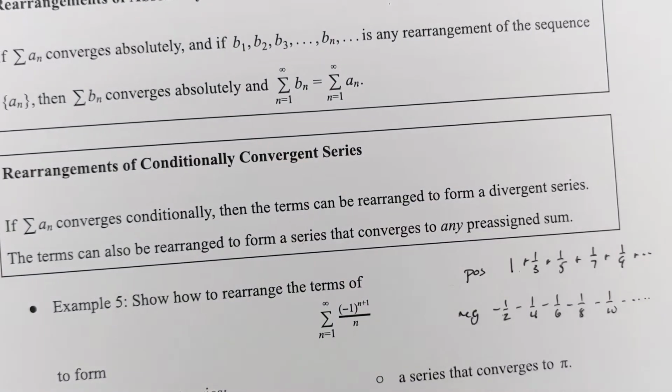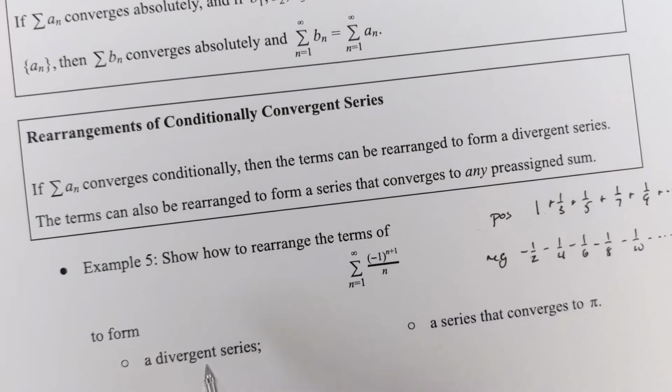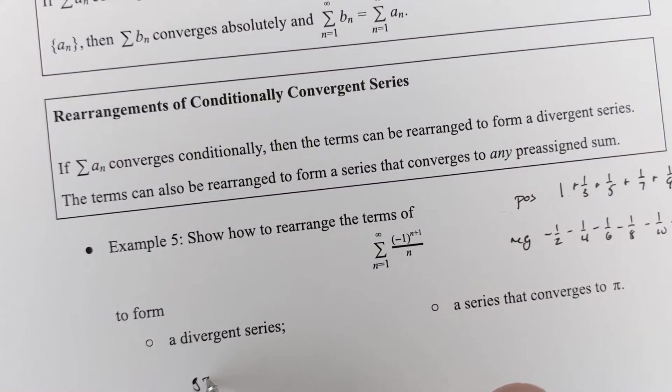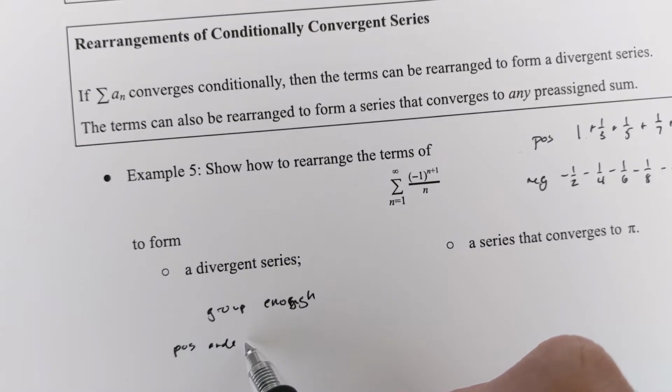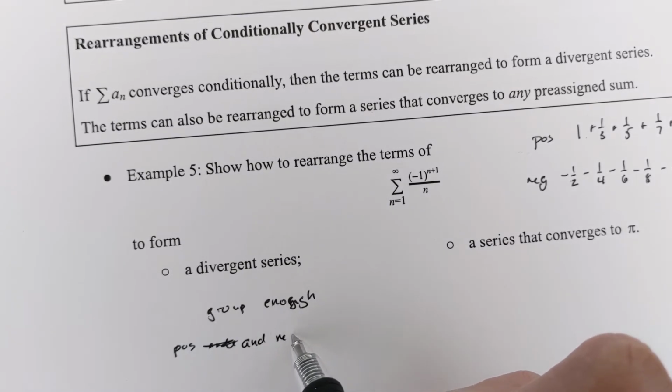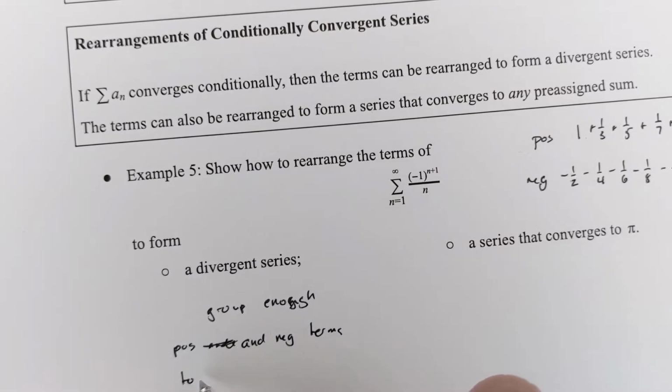Okay, so to form a divergent series, you can group enough positive and negative terms to keep the partial sum from converging.